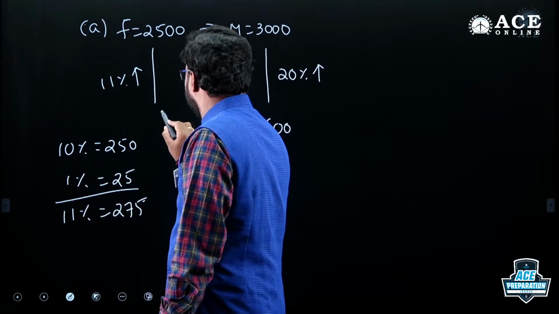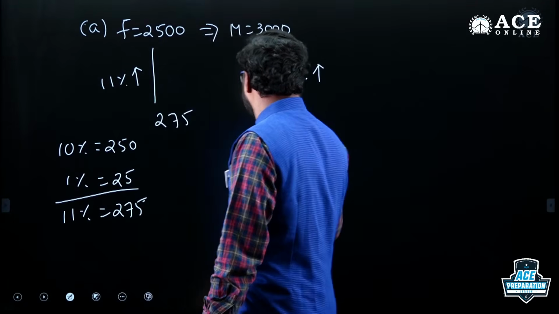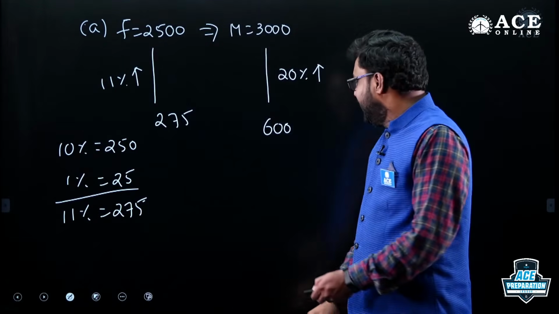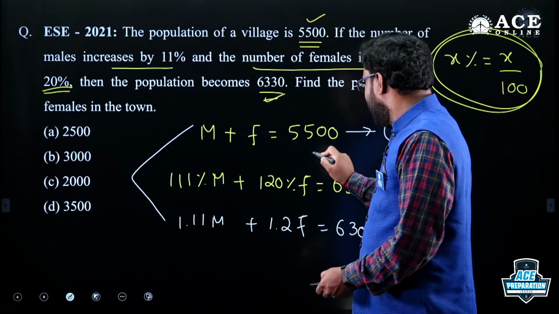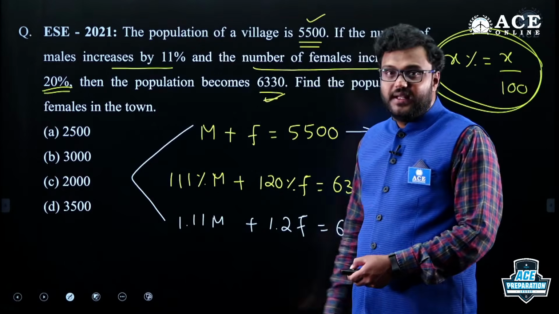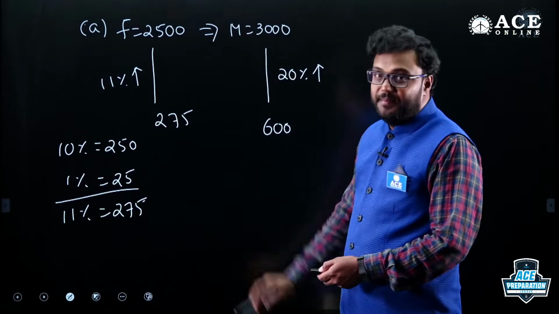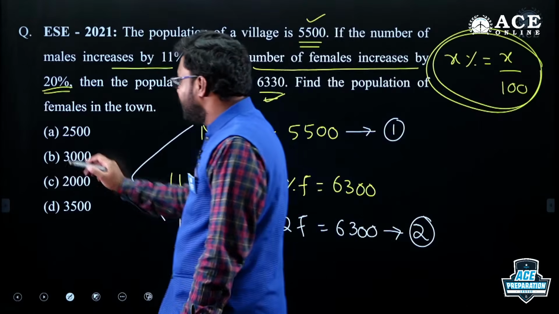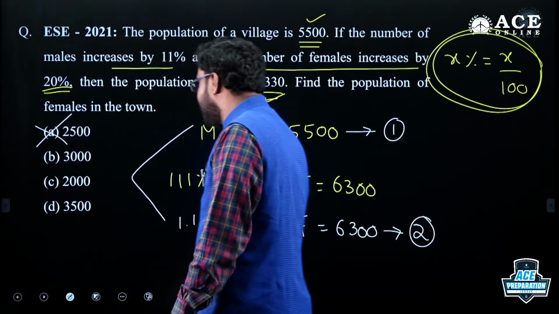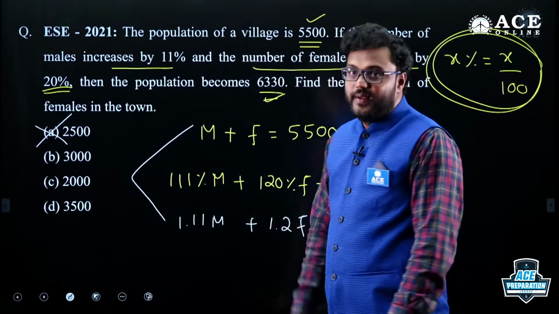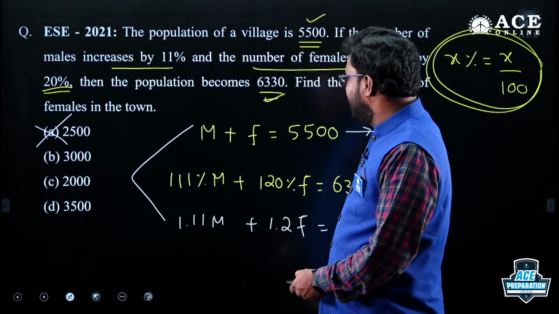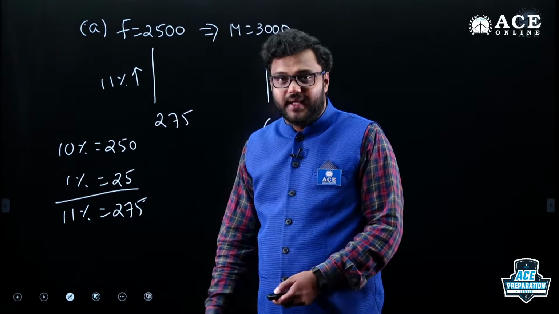So together I don't get 800. We're not getting 800, so here we need 800. Then you got this 6300. It's not correct, so it's eliminated. You can go like that also. You can verify, it's your wish. One thing is equation solving, or else you can go ahead with this option verification.